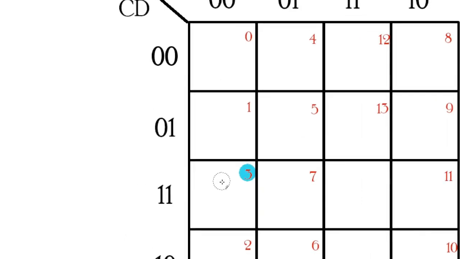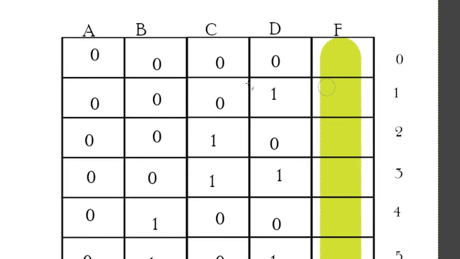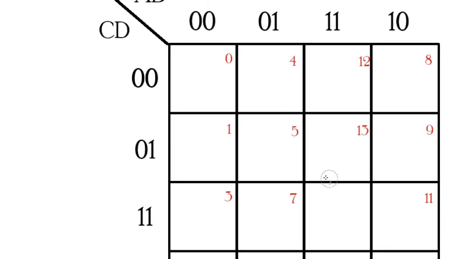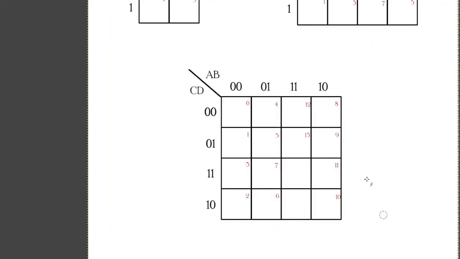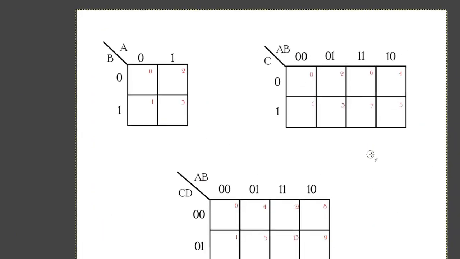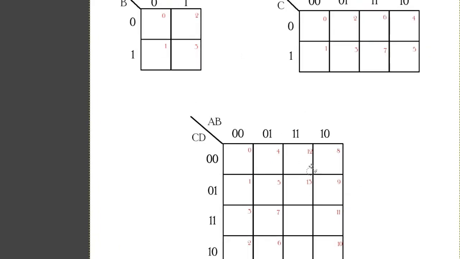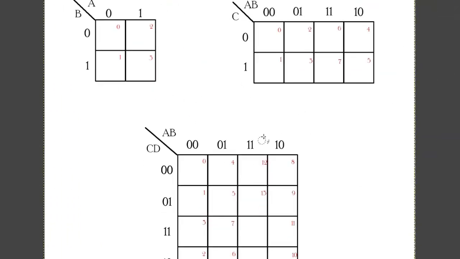So if you see something written here, that means the same thing should be written in the truth table in the corresponding line, which is the fourth line's output square, right? So just like that, the values are related between the K-map and the truth table.